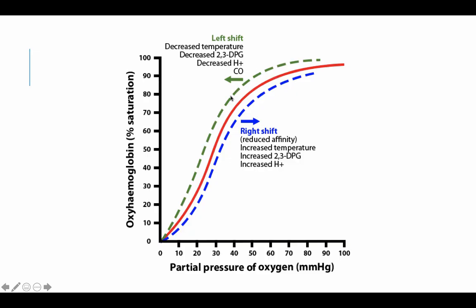Well, this is going to change a little bit. You've got this green dotted line, this blue dotted line. So we've got a left shift and a right shift, and there are a number of factors that affect this, but the big ones for our purposes are acidosis and alkalosis, or acid-base status. So this right shift, as our patient gets more acidotic, let's say a DKA patient, diabetic ketoacidosis, I've got a partial pressure right there of 60.